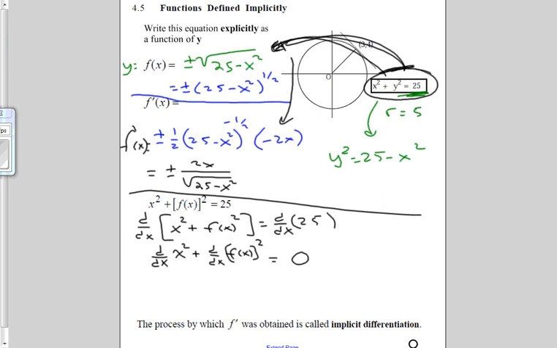Now, if we continue on with this, the derivative of x squared, well, that's 2 times x times the derivative of x, dx over dx, which we know is just 1, plus, well, the derivative of something squared, of f of x squared, is 2 times f of x times the derivative of f of x.